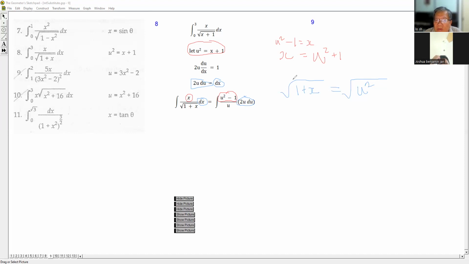But the square root sign, you still have the square root sign. Then later on, you see that the square and the square root cancel away. You are left with only u. u square, square root is actually to the power of half. The half and the 2 can cancel away. So you are left with u. So this thing becomes u.